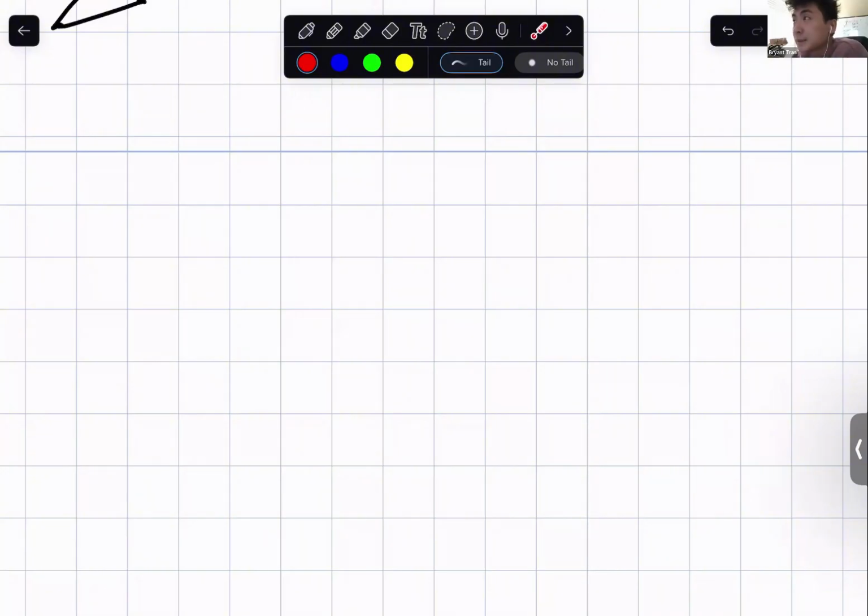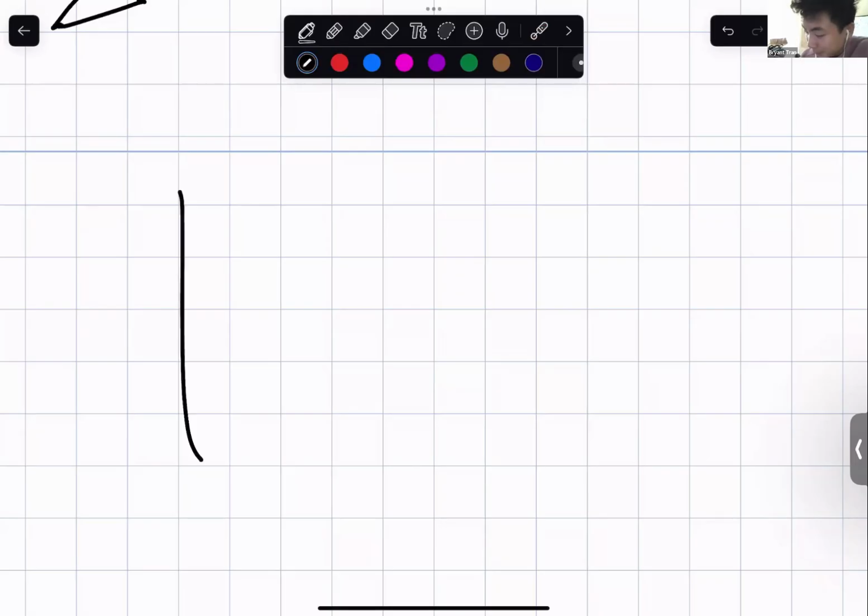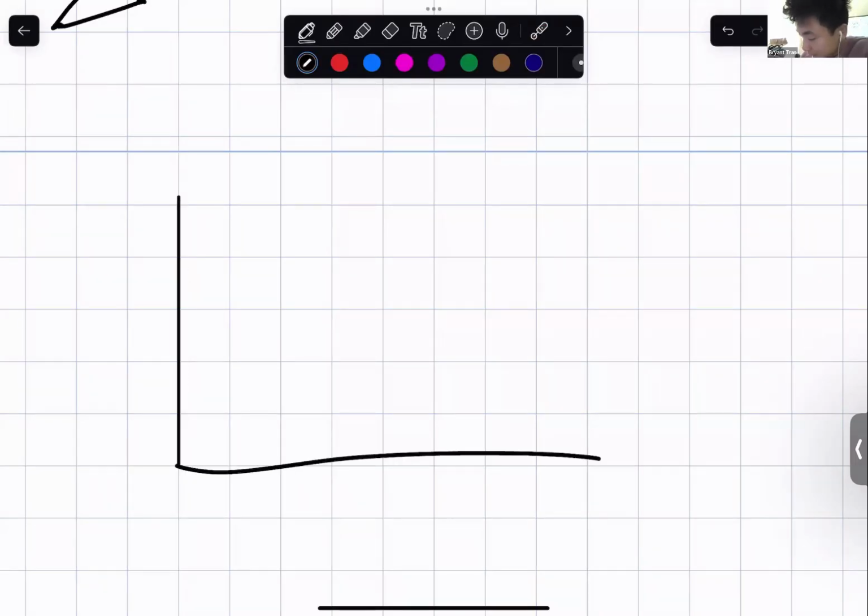Right. So this is going to talk about the mechanism of free radical halogenation or any reaction, really, right? So for this, a graph that could really help you visualize what it's asking you is this right here.